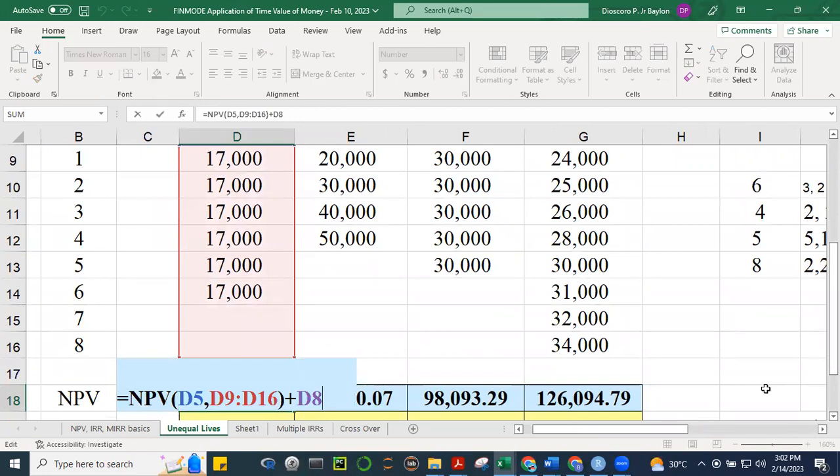I think my formula is wrong. Okay lang. Okay, sir. Thank you. Okay.